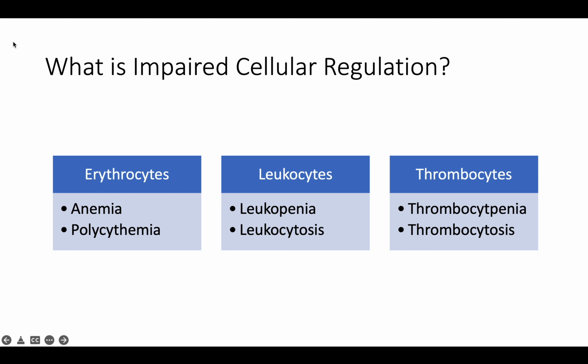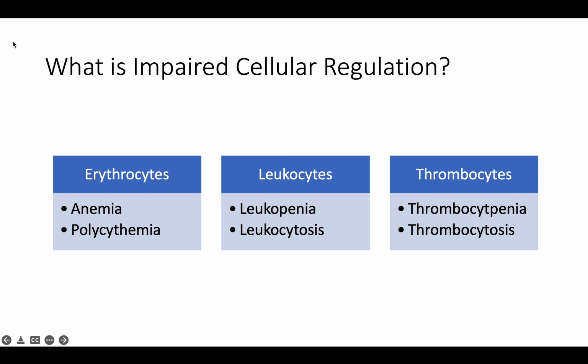Well, when we have an issue with red blood cells or the erythrocytes, we can typically see anemia, which is not enough red blood cells, or polycythemia, where there's too many red blood cells. For our leukocytes or our white blood cells, we see leukopenia, okay, or neutropenia. It just depends on the literature that you read, where there's not enough, and leukocytosis, where there is an excess, okay?